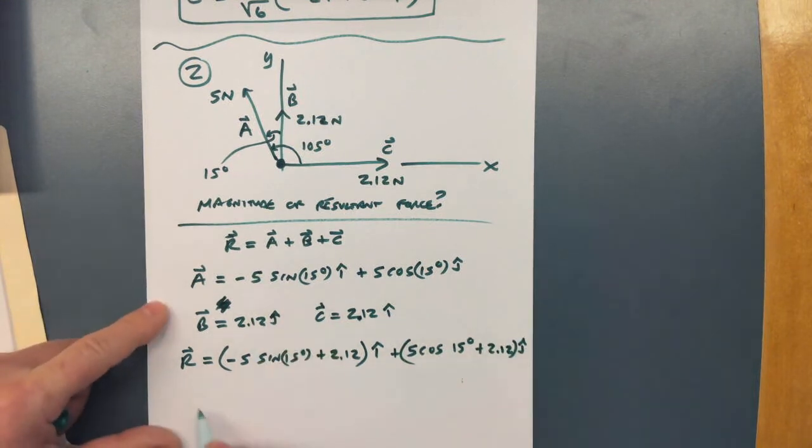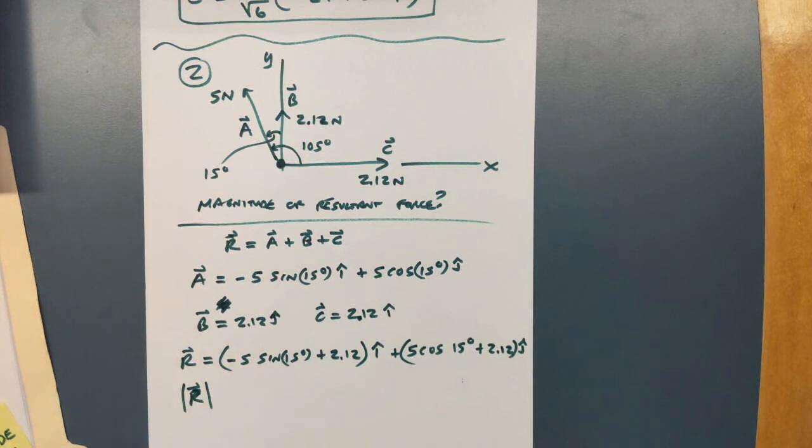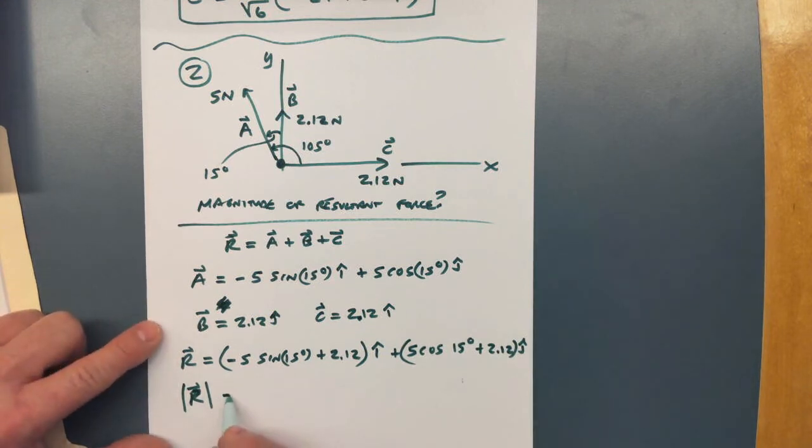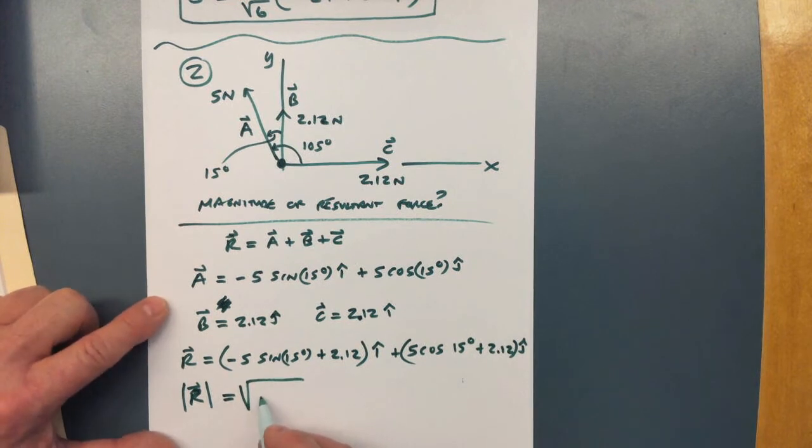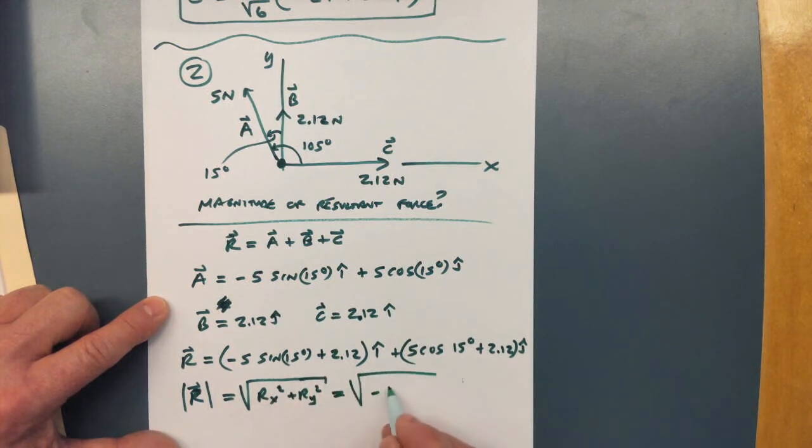So the question is, what's the magnitude of the resultant? And so we could write that this way, with bars on it, and we'd have the square root of rx squared plus ry squared, which is the square root of minus 5.